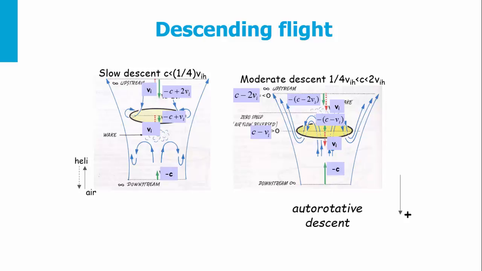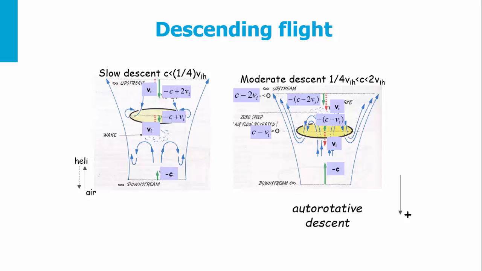At the level of the rotor, the total velocity is c minus vi directed downwards, and down in the wake, the total velocity is minus c plus twice the induced velocity, this time again directed downwards. It follows that under the rotor we will have the airflow reversed.